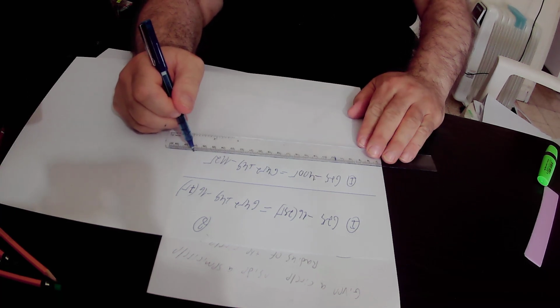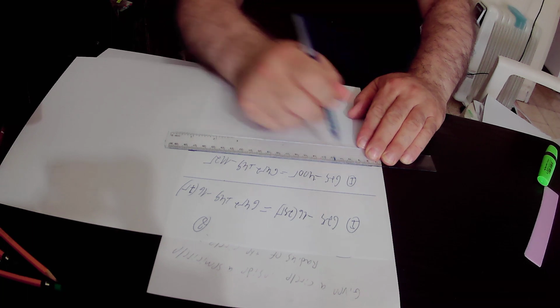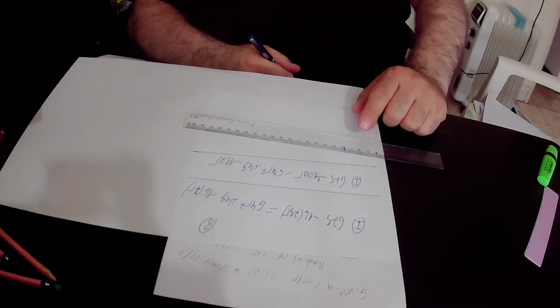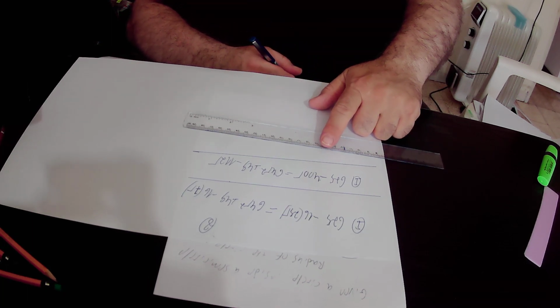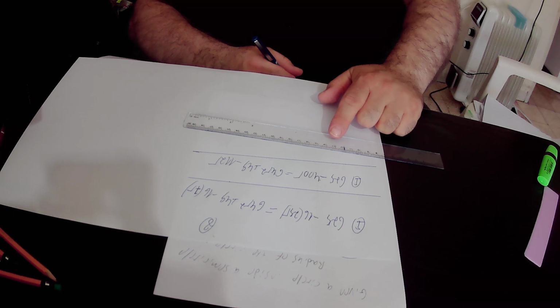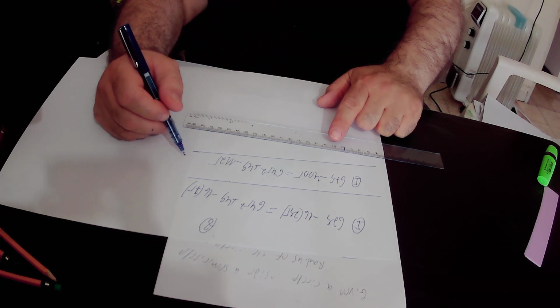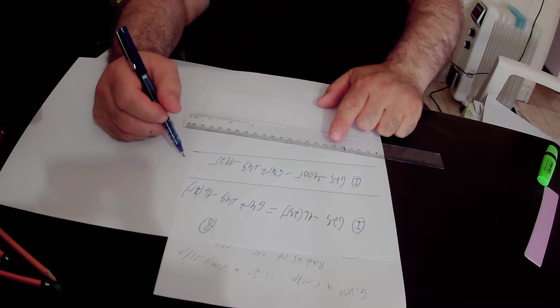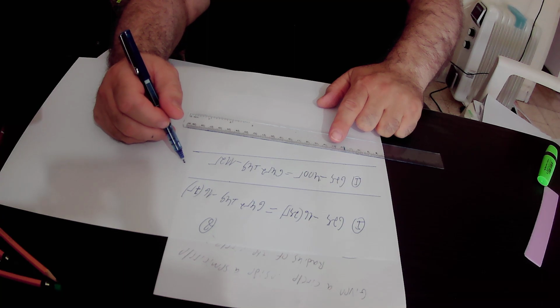Okay, so here we found out that 625 minus 400r equals 64r squared plus 49 minus 112r. Here we will add 400r to this equation, equation number 1.